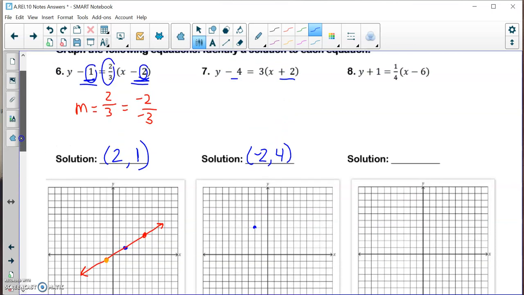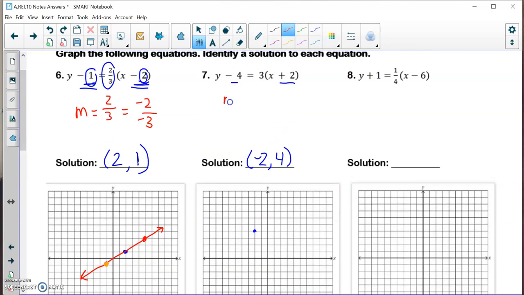And now I'm going to use my slope. My slope is 3, or I can write it as 3 over 1, which means I go up 3 and over 1, and I can keep going up 3 and over 1. Or I could have written it as negative 3 over negative 1, and I could have gone down 3 and over negative 1. It's up to you.